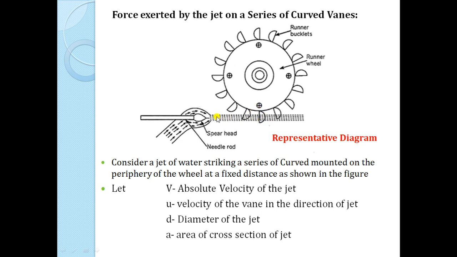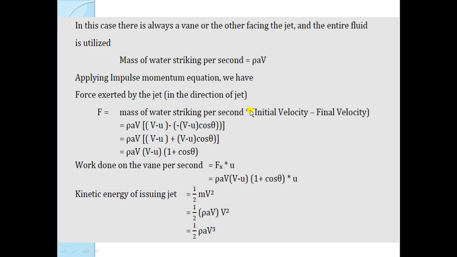Since the direction of motion of the jet and the direction of motion of the vane are the same, it is the algebraic difference, that is V minus U. So, the initial velocity with which the jet strikes the vane is V minus U, and the final velocity is the horizontal component of the outgoing jet, which is minus of V minus U cos theta.